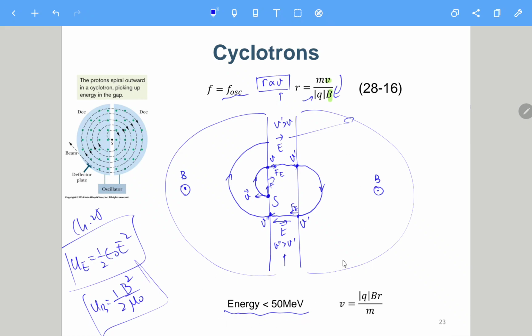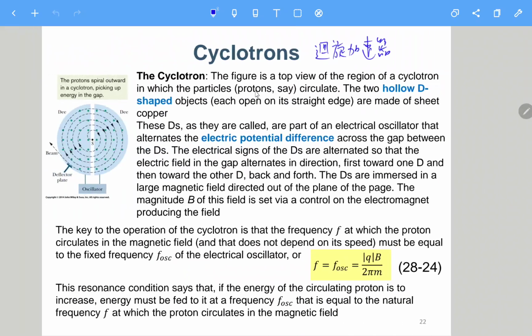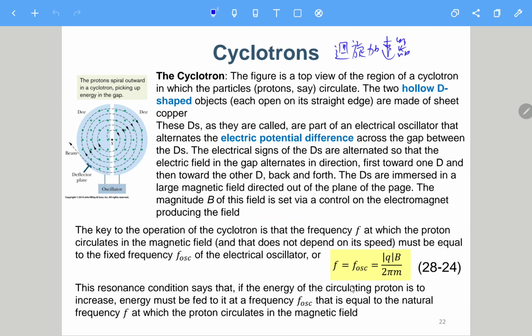That's why it limits the energy of the synchrotron. And we also talk about the frequency. The frequency is the frequency to change the direction of the E field. So this is pretty much it.